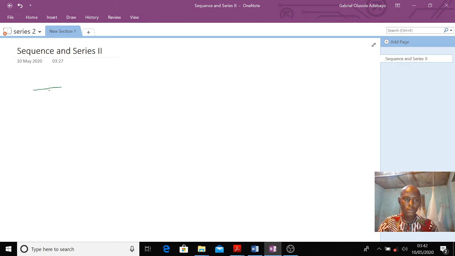We have T7 is equal to 2 times 2 raised to the power 7 minus 1.